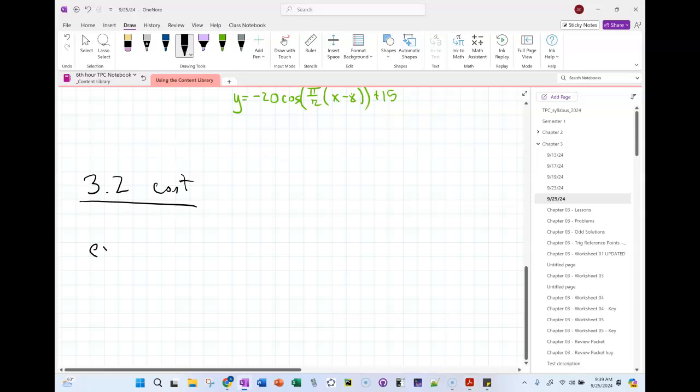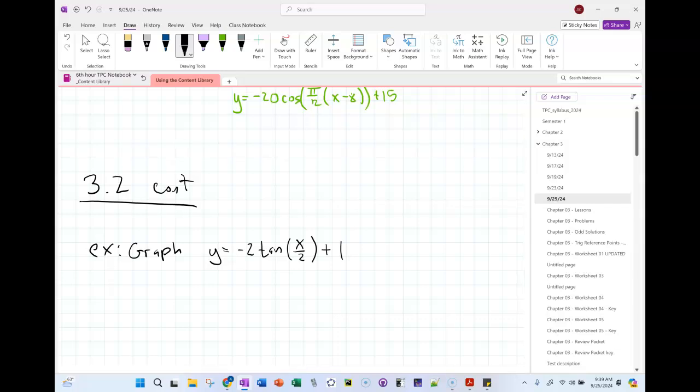All right, so let's say we want to graph something like this: y equals -2 tan of x over 2 plus 1.